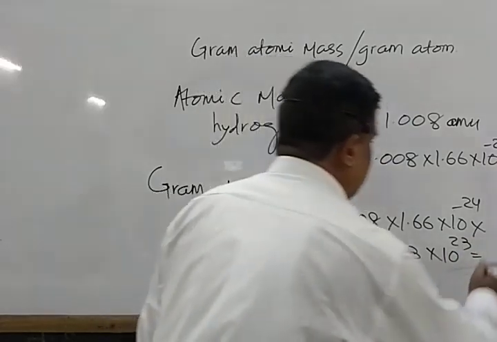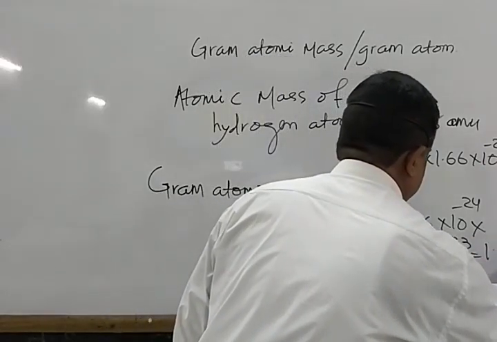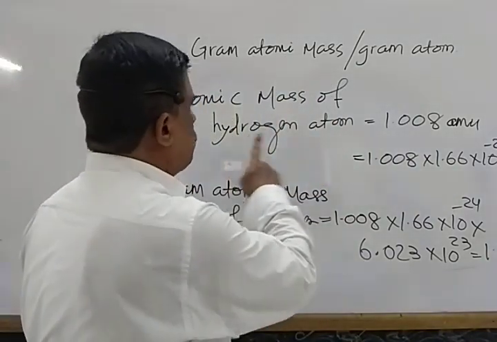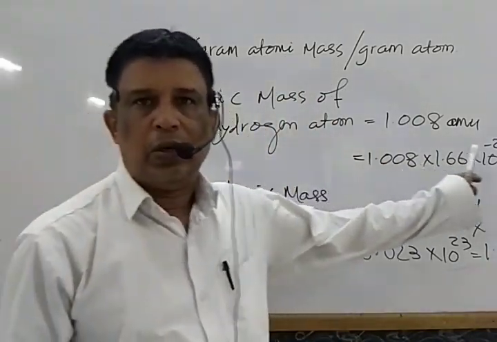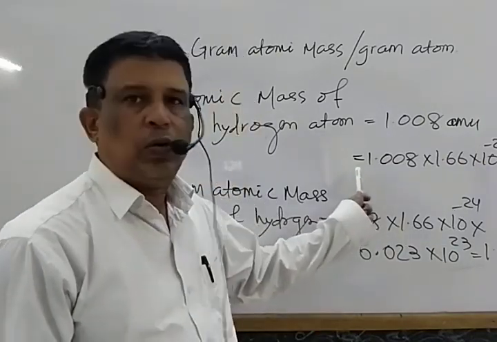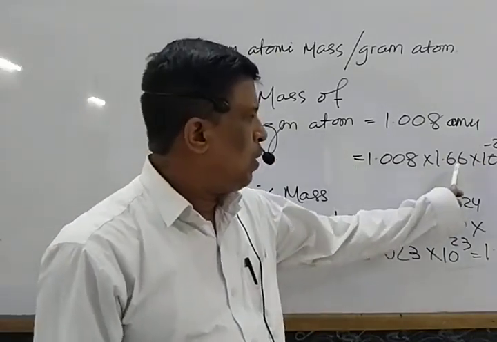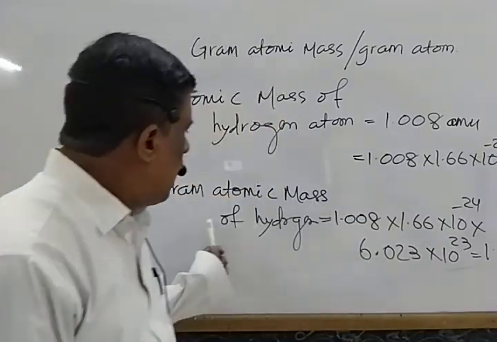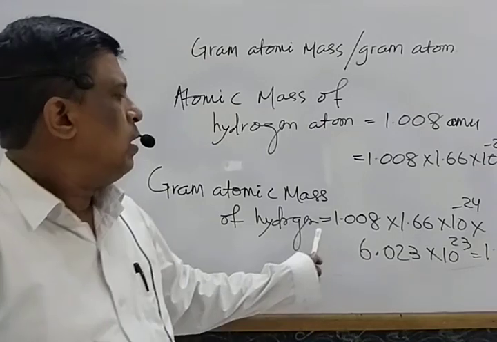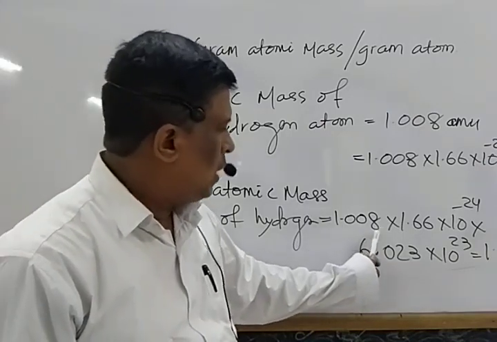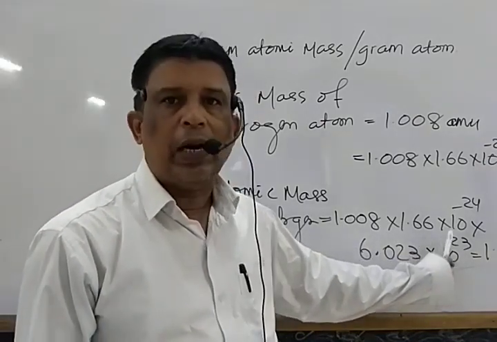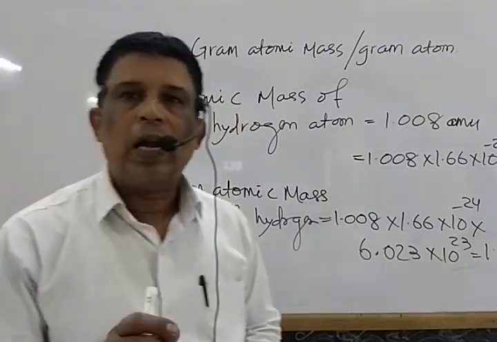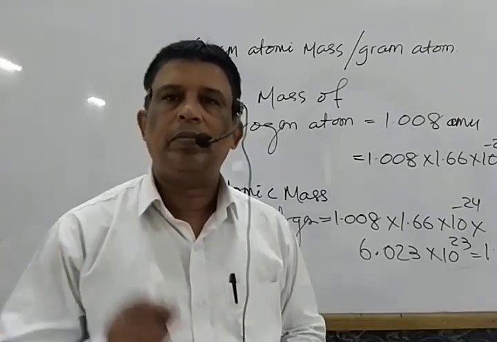This is equal to 1.008 gram. So I repeat again, atomic mass of hydrogen atom is 1.008 AMU or is equal to 1.008 into 1.66 into 10 to the power minus 24 gram. On the other hand, gram atomic mass is 1.008 into 1.66 into 10 to the power minus 24 into Avogadro number, which is nearly equal to 1.008 gram.